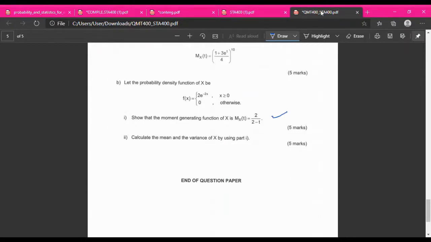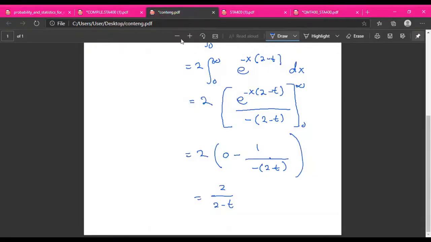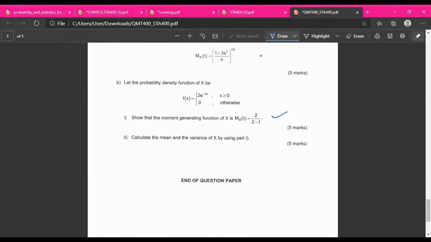Alright, and then from there it says calculate the mean and the variance for x by using the MGF. So using this MGF to get the mean. Okay, as we know, when we differentiate the MGF once, then replace t with 0, you will get the expected value of x. So differentiate this function once with respect to t. So what will happen here, we can also write it as 2 minus t power of negative 1. Right?